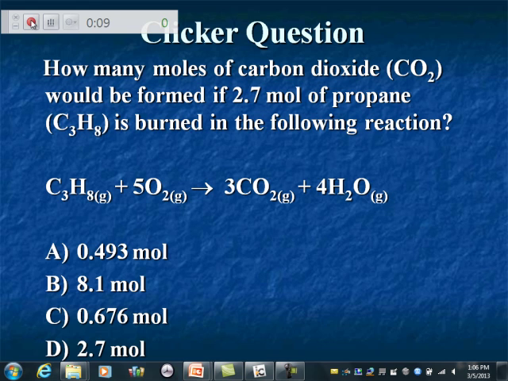1, 2, 3, 4, 5, 6, 7, 8, 9, 10, 11, 12, 13, 14, 15, 16, 17, 18, 19. Do you all have clickers? You didn't bring? You forgot? Not in the car? Okay. All right, so 18 then.